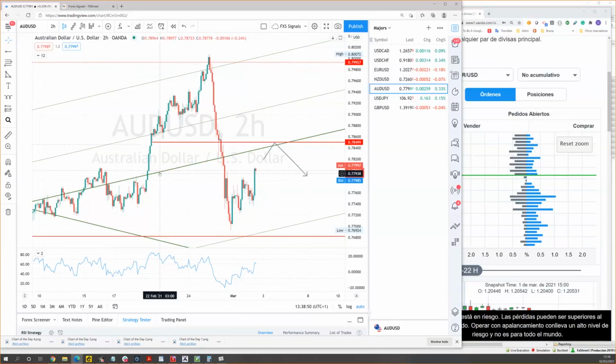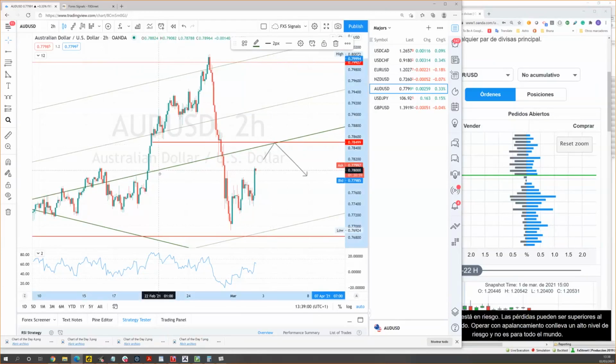Lines are not really fixed to any level. I can put it here on the upper wick, which will have the intersection exactly at the beginning of the fourth. But if I plot it here on the bodies, then it goes a little bit further away to the fifth.